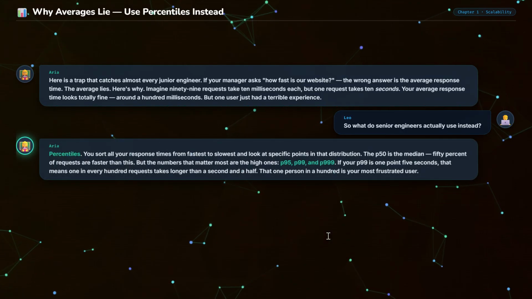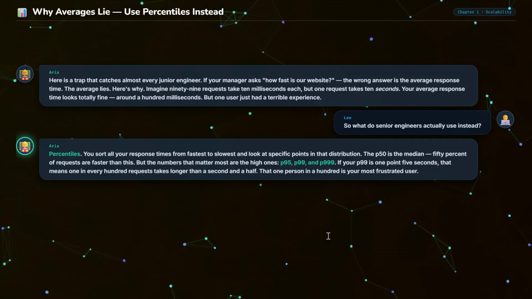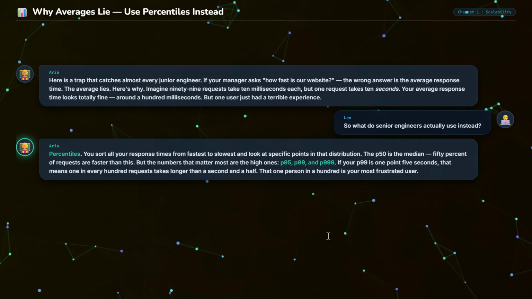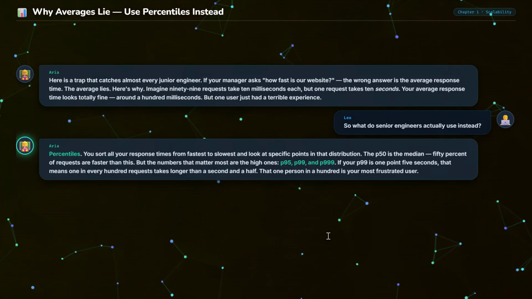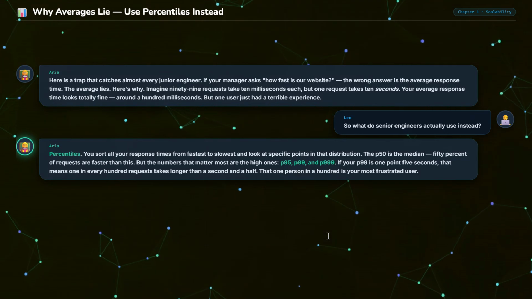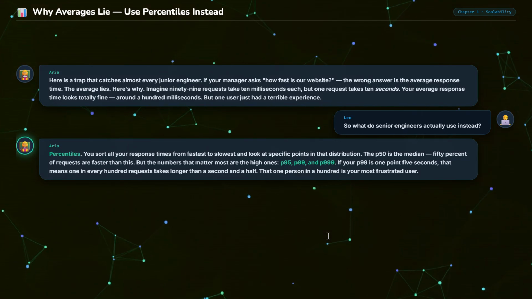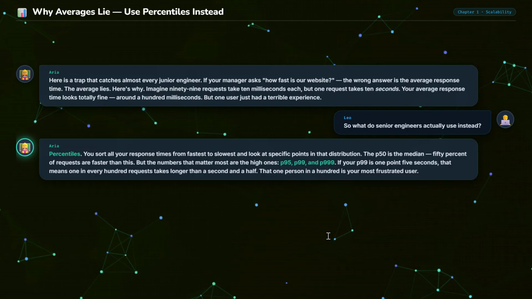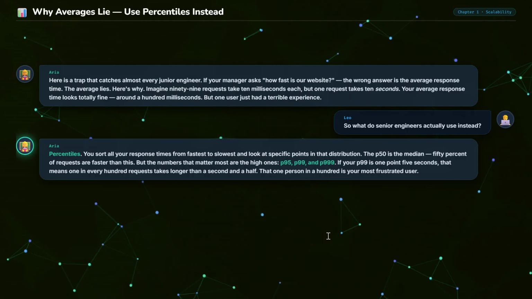Percentiles. You take all your response time measurements, sort them from fastest to slowest, and look at specific points in that distribution. The P50 is the median. 50% of requests are faster than this value.